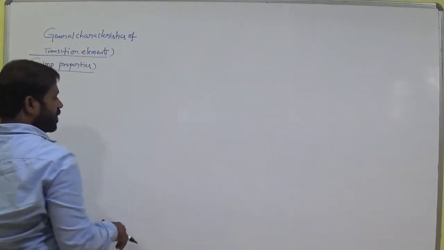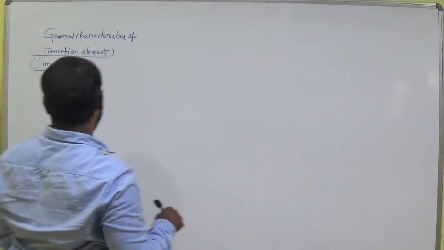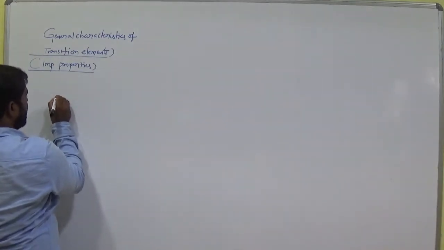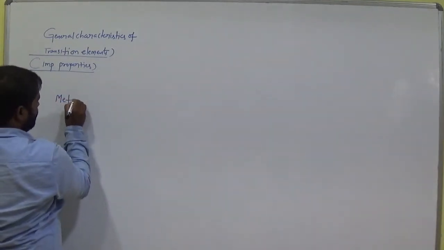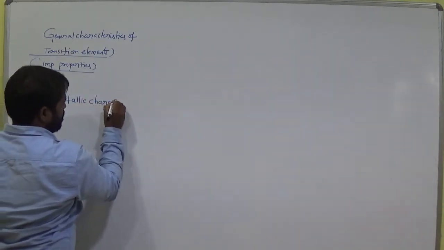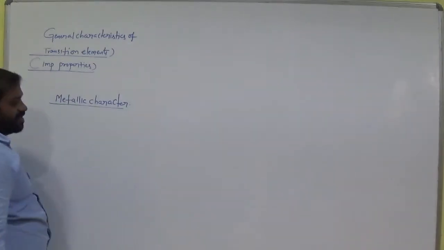So what kind of properties do these transition elements have? Let's see. In that we are going to discuss metallic character. Metallic character, this is the first property.